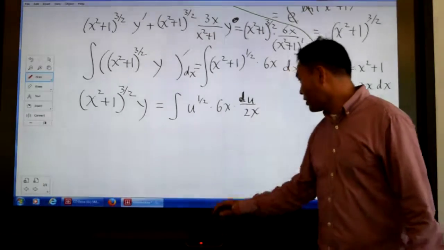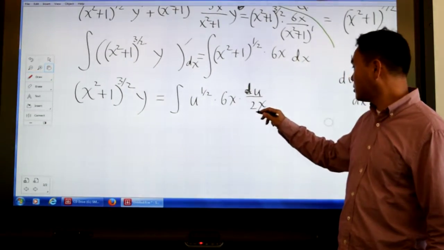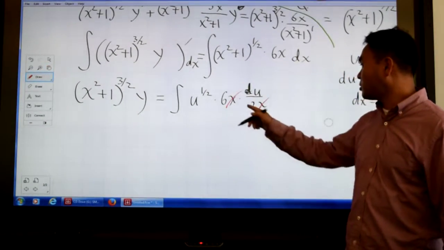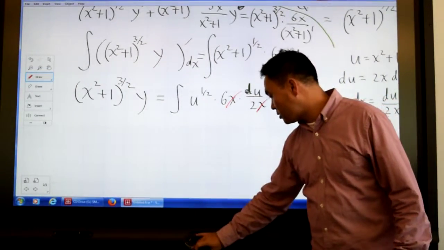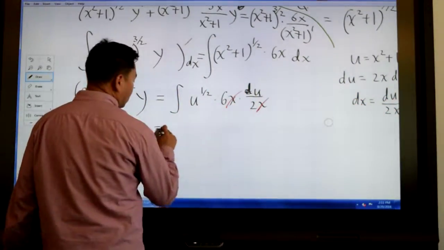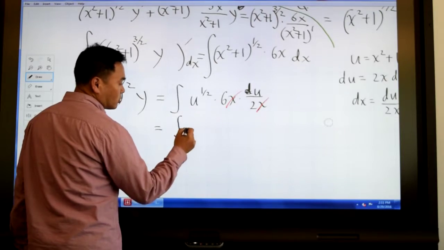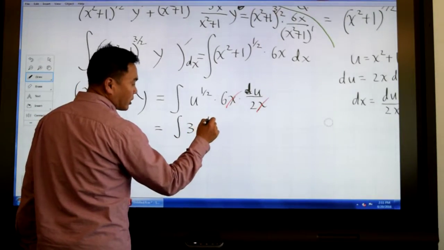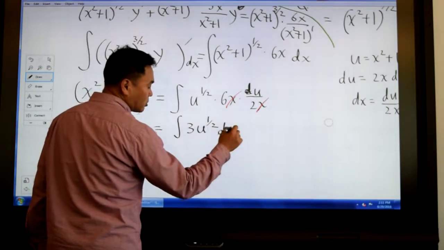The x's cancel. The x's cancel, and 6 divided by 2 is 3. So that gives you 3u to the 1/2 power du.